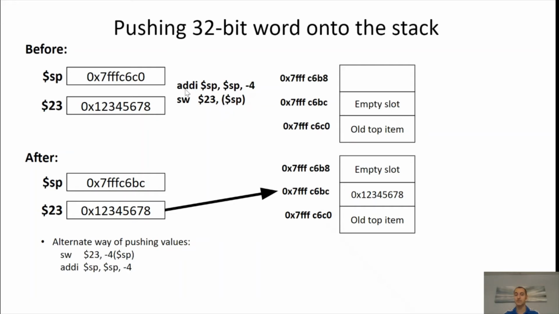That means first you have to update your stack pointer, because if you did this after, you would have erased your old item. The stack pointer is currently pointing here. First you have to put it in a new location, so it's going to be here. And then you have your store word, so you're going to copy this content into this empty slot.